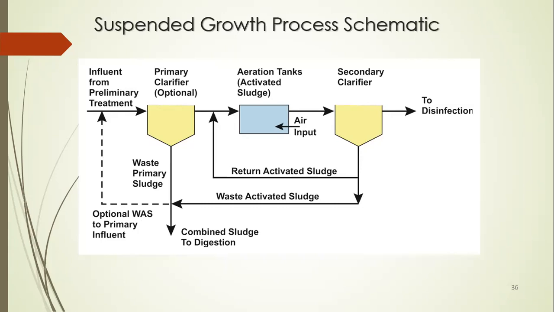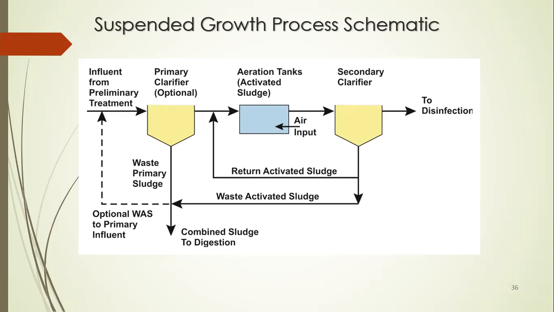Here you will see a different variant, that is the activated sludge system. So in this system, there is no attached medium, but here the microorganisms and wastewater are mixed together and kept in suspension. Usually, if you talk about the strength of wastewater, in sewage treatment, the domestic wastewater strength varies between 100 to 300 milligrams per liter of BOD.